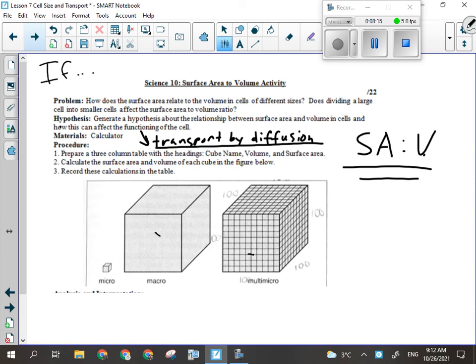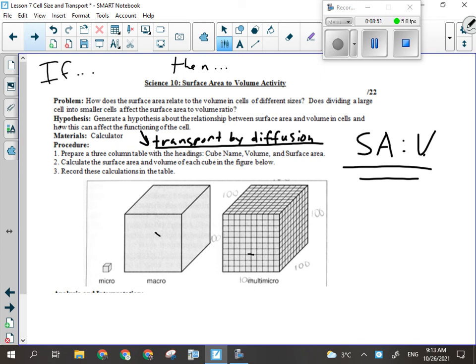And cells, or organisms, let's say, of different sizes are compared. Now the then part is the part you're going to come up with, okay? But this is what it needs to talk about, okay? You need to tell me in the then part what will be the effect on surface area to volume ratio of size?